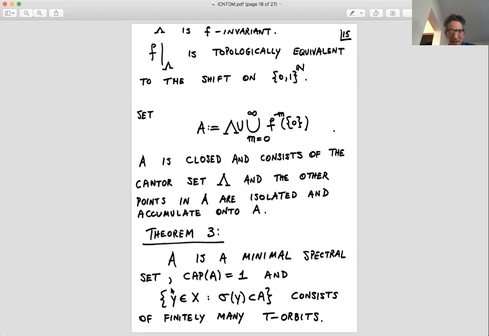If you have a very large graph, we have this map T, which takes me from 3 regular graphs to 3 regular graphs. And if you start with something whose spectrum is in A and you apply T, it won't change. And there are only finitely many T orbits of 3 regular graphs whose spectrum is contained in A. So that is the other side of the coin.